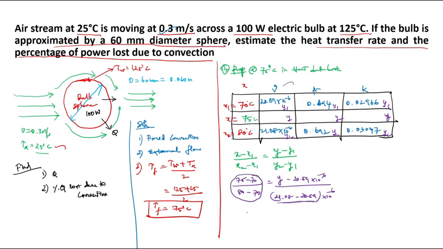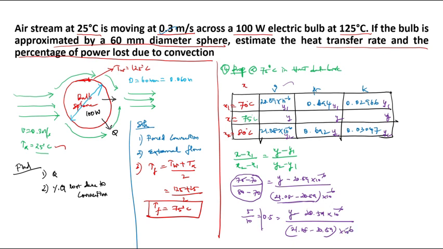Here it is 5 divided by 10, so it is 0.5.